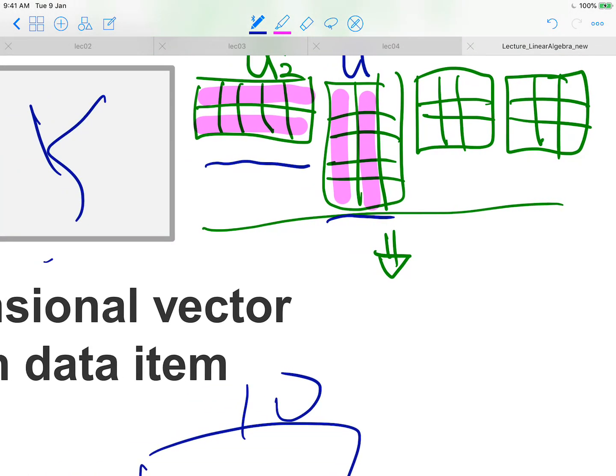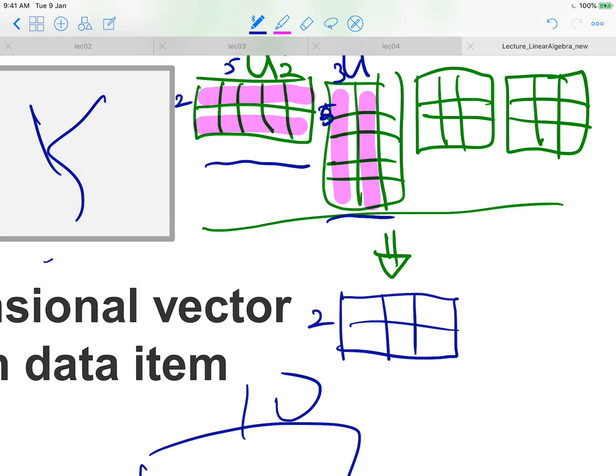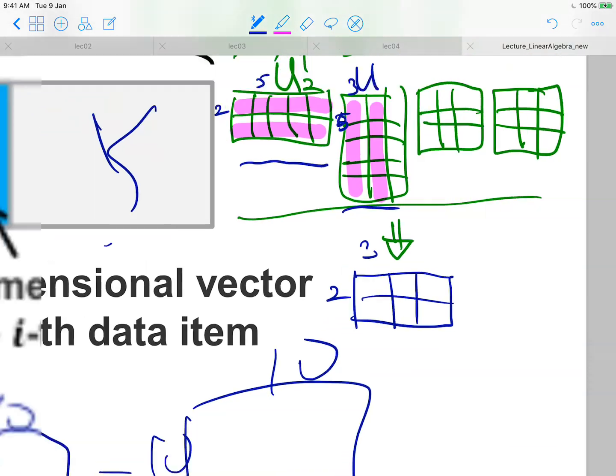And first of all, what is the size of the resulting matrix of 2 by 5 and 5 by 3? It is 2 by 3, right?